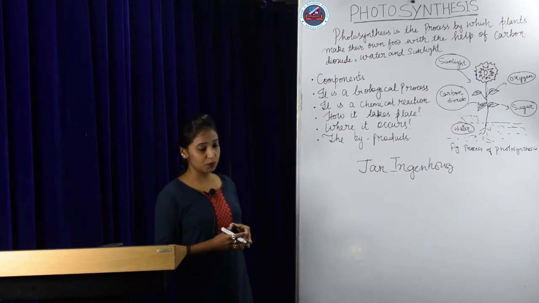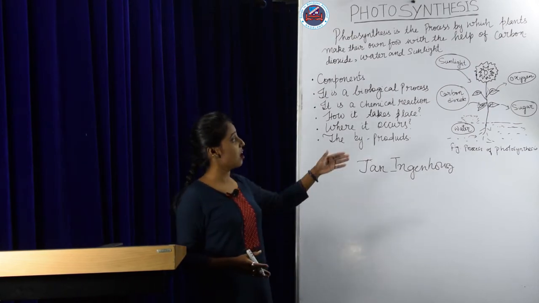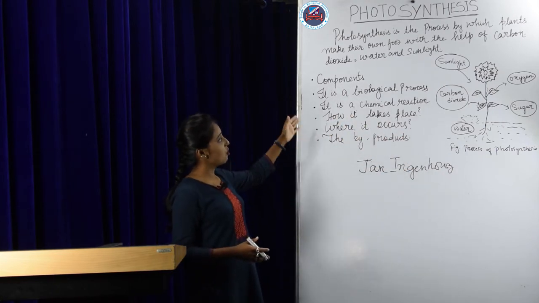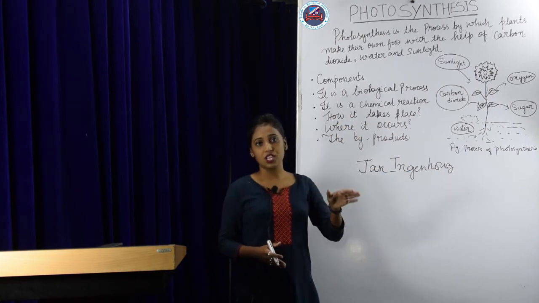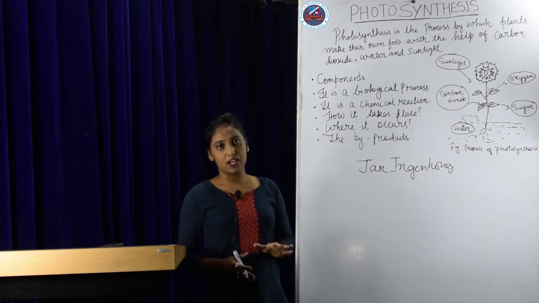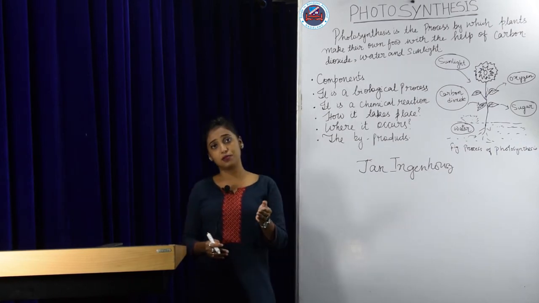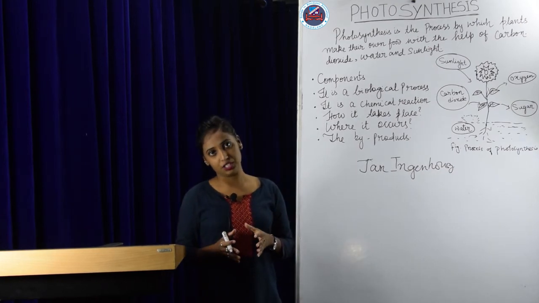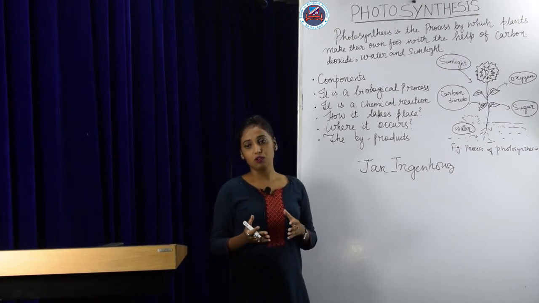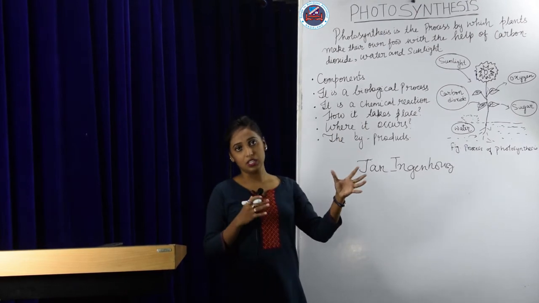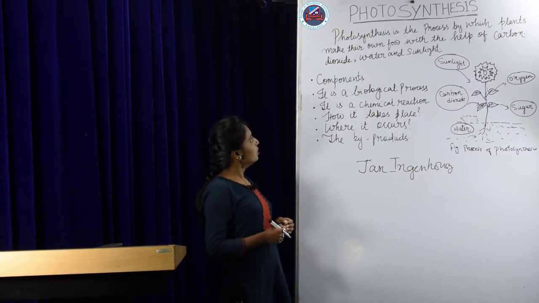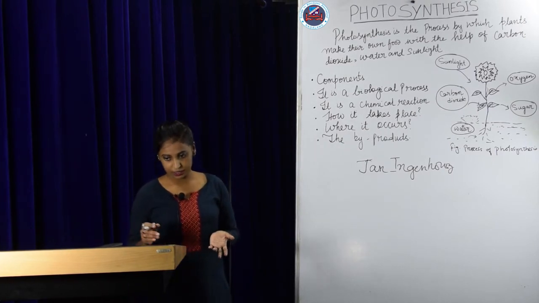Without oxygen, human life cannot survive, and as plants are the only producers of oxygen, the process of photosynthesis is very important in our environment. It also helps in keeping the balance of the food chain, and it also helps to control the climatic conditions. So this is all about photosynthesis.